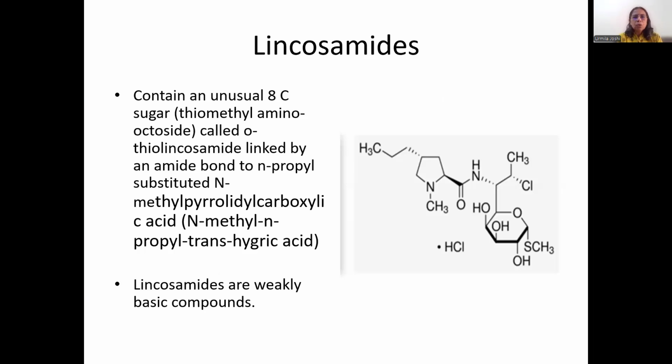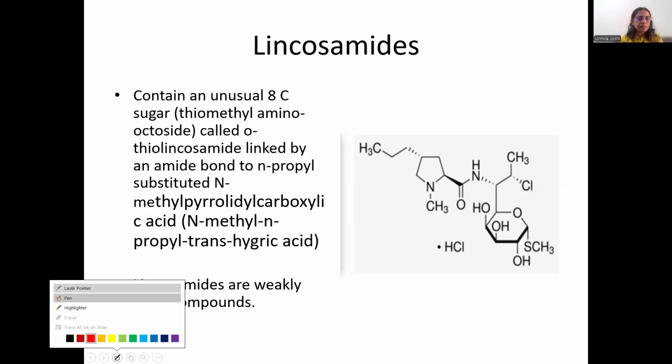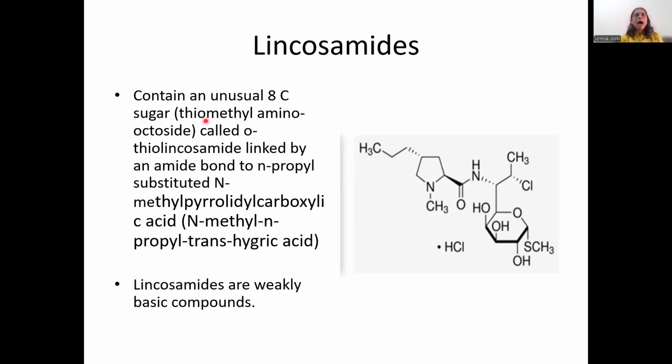Clindamycin belongs to the chemical class of lincosamides. These lincosamides are characterized by the presence of an unusual 8C sugar, which is thiomethyl amino octoside. Look at this.